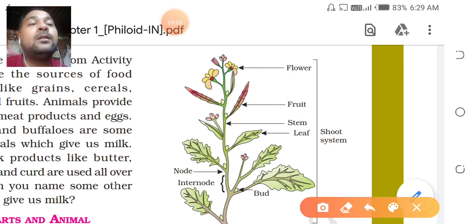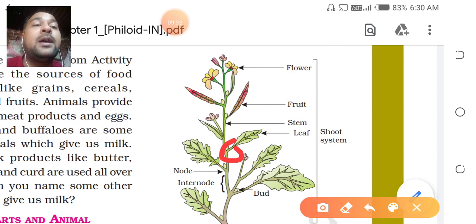See which part of the plant is connecting leaf and stem, that is called node. And the difference between 2 nodes, like this and this, it is called internode.